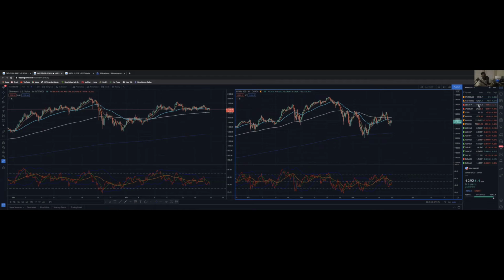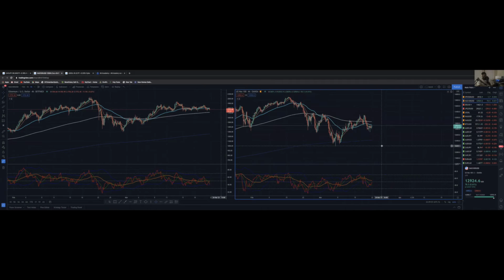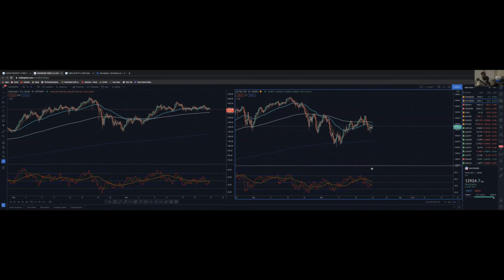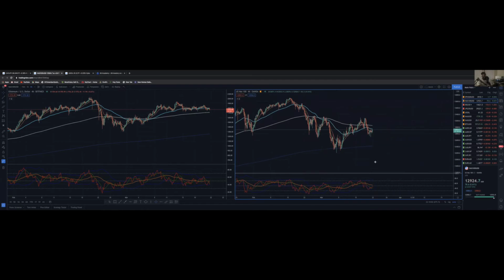All right. So for the people who are watching this and want to say, "Hey, let's look at Nas 100," I'm finna look at it right now. This is Nas 100 on the 4 hour time frame. Down here is called the TDI.